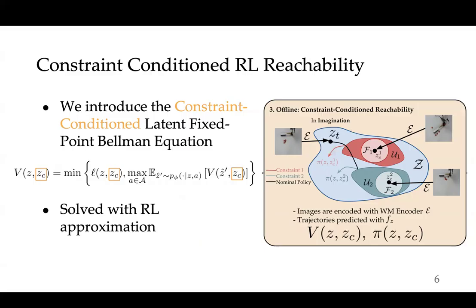So not only do you want to avoid the fail set, you also want to avoid what we call the unsafe set. Our method for computing this unsafe set and then avoiding it is called Hamilton-Jacobi reachability, or reachability for short. We extend the previous reachability formulation to make it constraint conditioned, and then solve this with RL using the RL in imagination that I was talking about earlier.